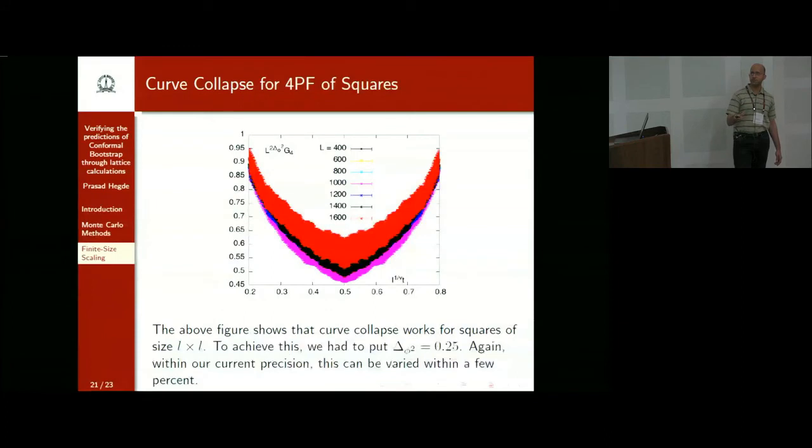The power that I had to put was 1/4 for this, so 2 delta phi was 0.5, which is off by a factor of 2 from what you defined. But other than that, you get the same curve collapse.